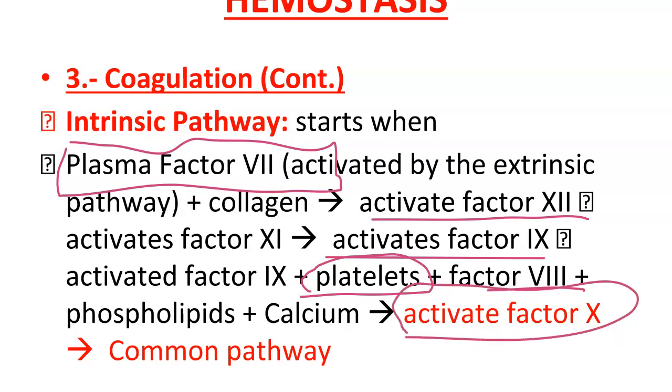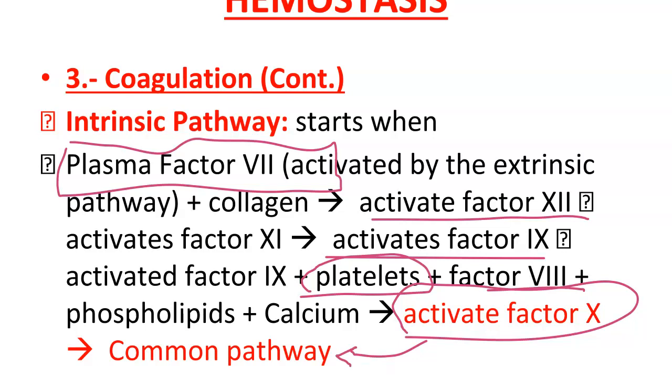Again, you don't have to know all of these steps. What you do need to know is that both the extrinsic and intrinsic pathways end with the activation of factor 10, which in turn activates the common pathway, which is the last steps.